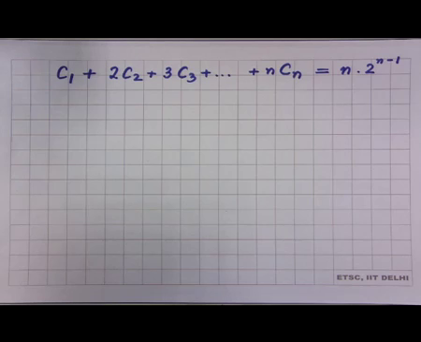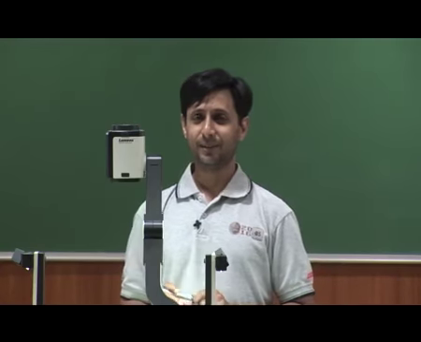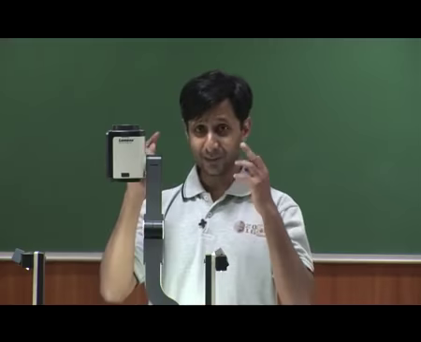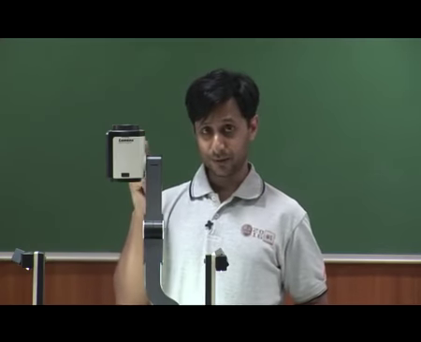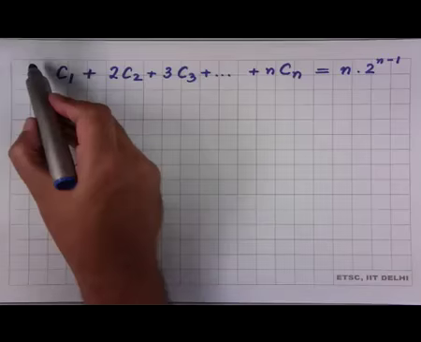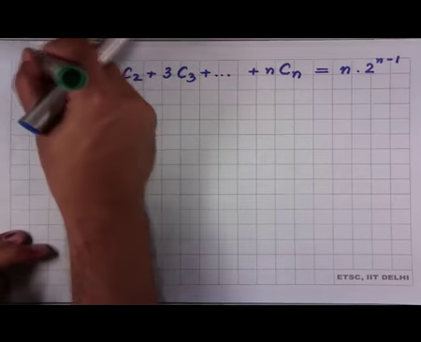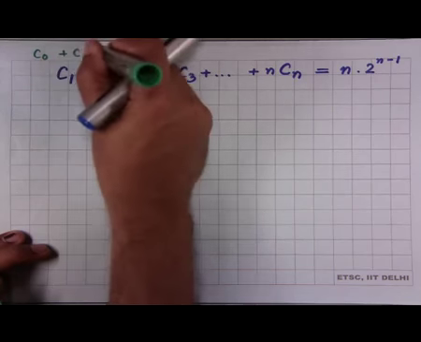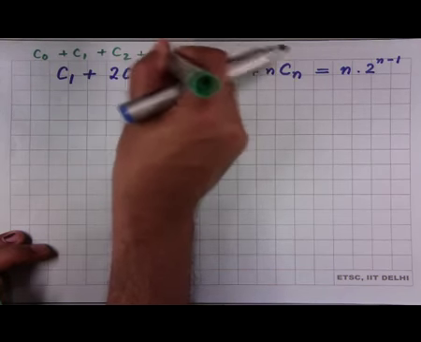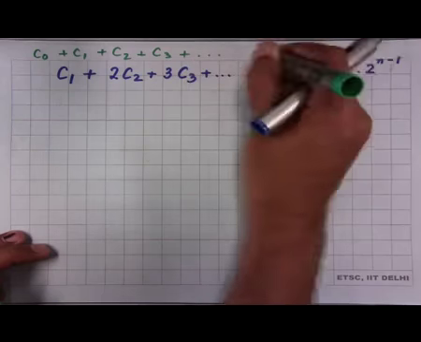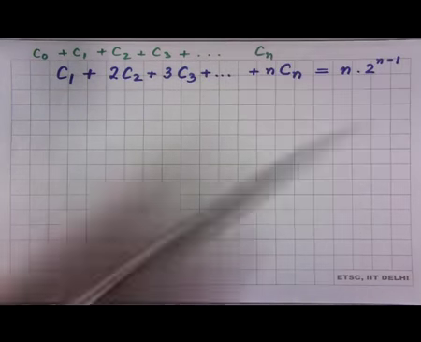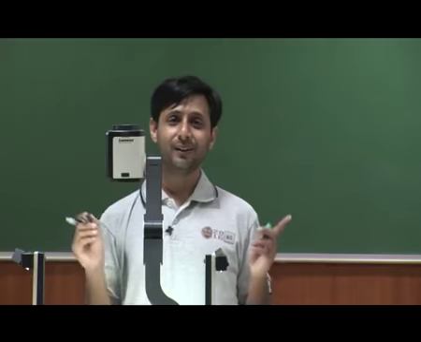Will you be able to do it? How will you do it? So, earlier what did we do? Earlier the one was C0, we started from C0 over there, plus C1 plus C2 plus C3 all the way till Cn. And what did we get? How did we do this?